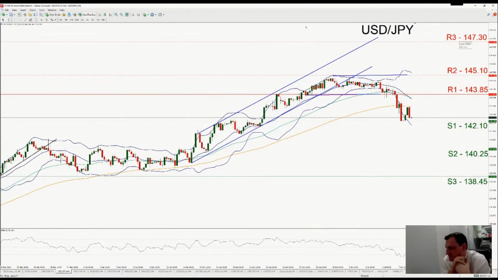Now, let's discuss direction. On the one hand, we highlight the fact that the downward motion of USD/JPY, especially on Friday, seems to have hit a floor at the 142.10 support line. So that would imply that the downward motion was interrupted.